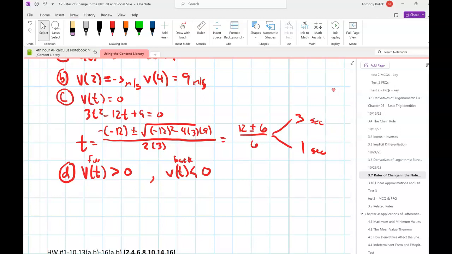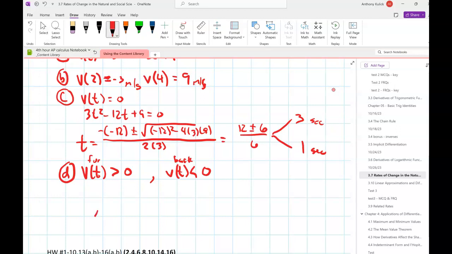Just did that. Let's start with the easy one. If I have access to a calculator, what can I do? Graph it. What am I looking for? Where it's above and below the x-axis, right? So greater than 0 is where it would be above. Below the x-axis would be where it's less than. Everybody's okay with that?